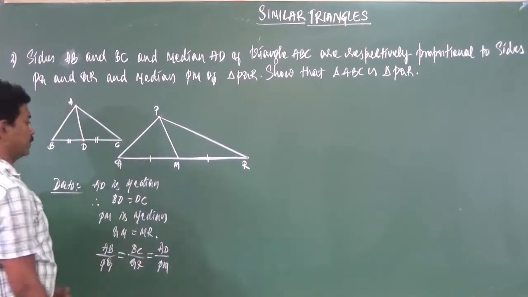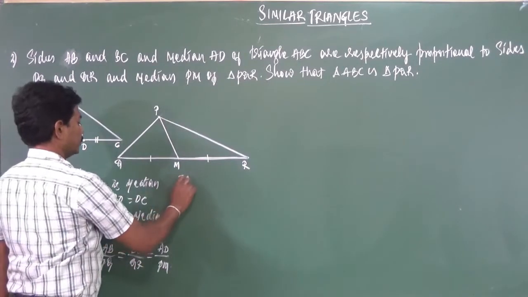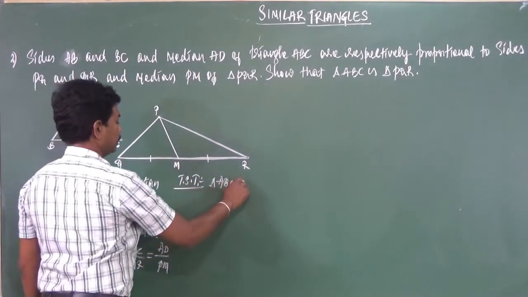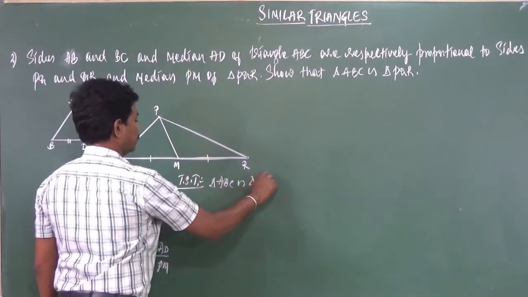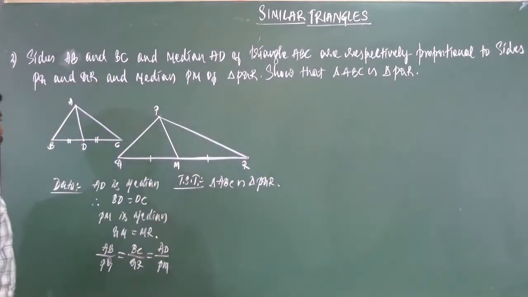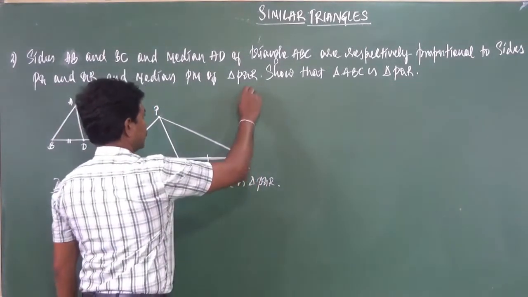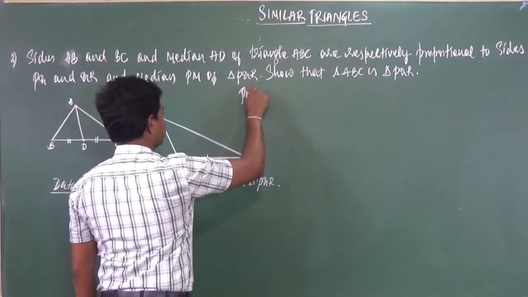So this is the data. So you have to show that triangle ABC is similar to triangle PQR. Just you have to show both the triangles are similar. Okay. So let us get into the proof.